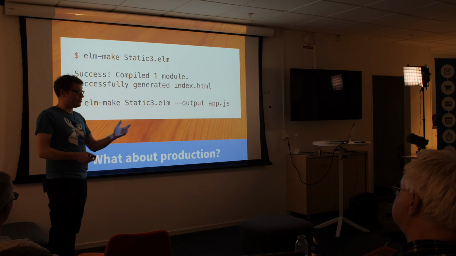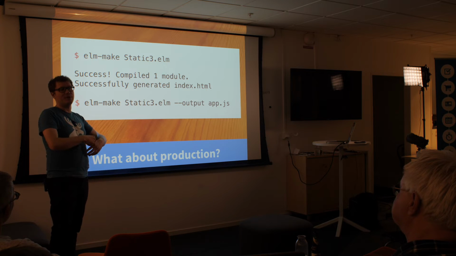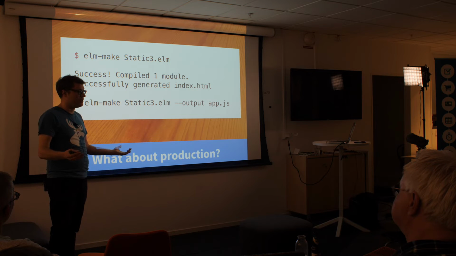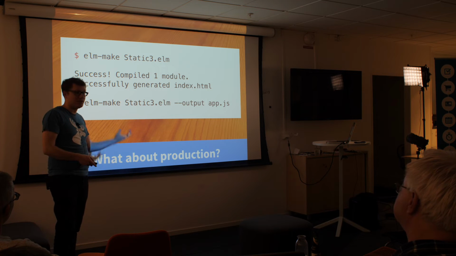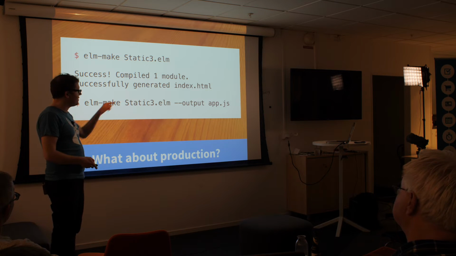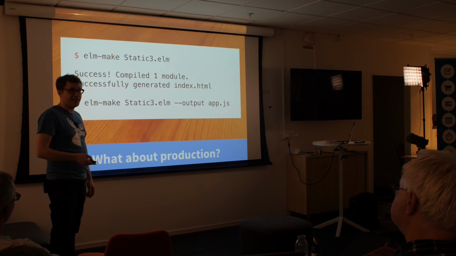Let's say you're at Caspeco and you want to build some small part in Elm. Embedding it in another application is the way to go, because then you don't need to rebuild your whole software in Elm. Then you use elm make source file --output app.js, for instance. And then you can embed that JS file in your existing applications.